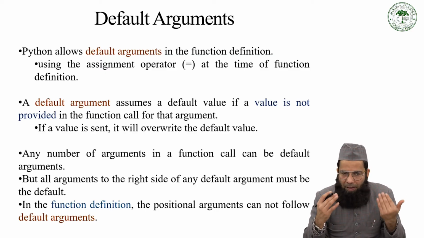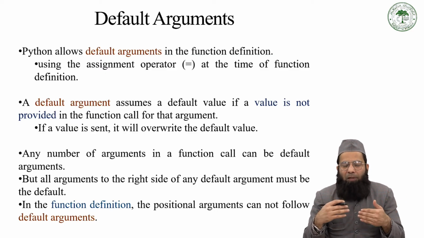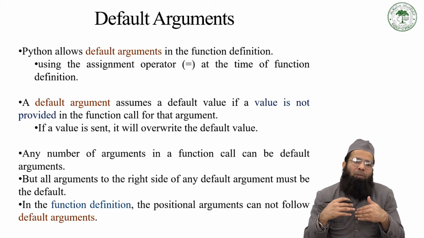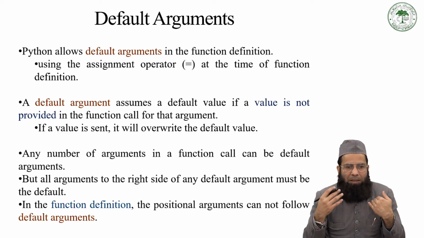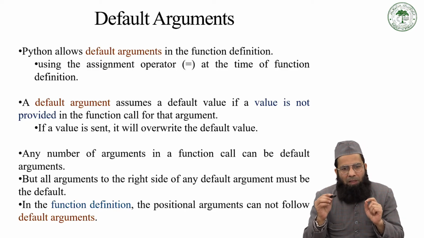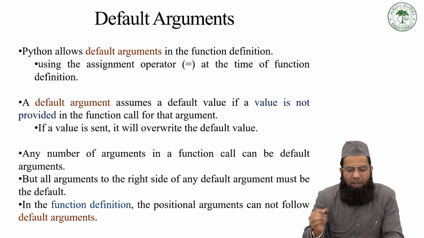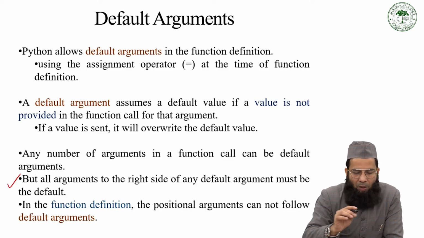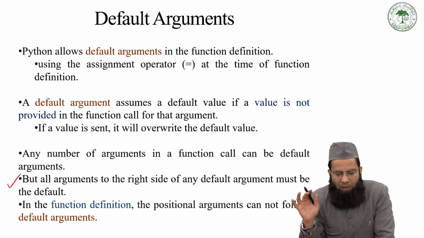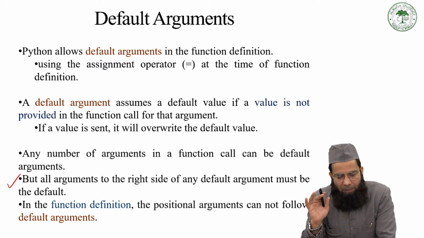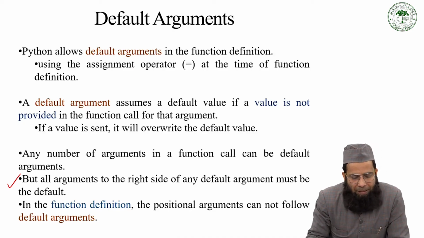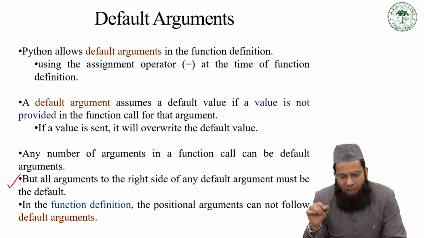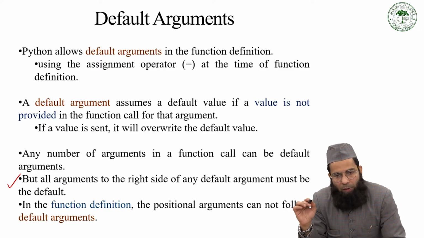But if you are passing the value from the function call, then that value will be overridden. So, all the arguments to the right side of any default argument must be default. All arguments to the right side of any default argument must be default. I will discuss these two points. In the function definition, the positional argument cannot follow a default argument.